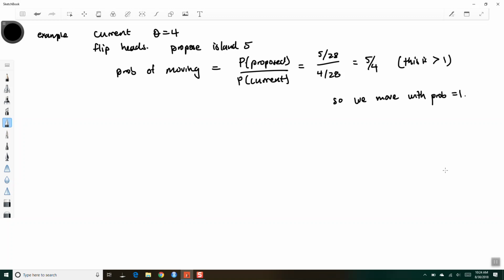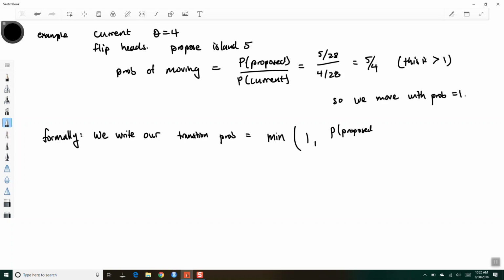Okay, and so I guess formally, we write our transition probability is equal to the minimum between 1 and the probability of the proposed and the probability of the current.